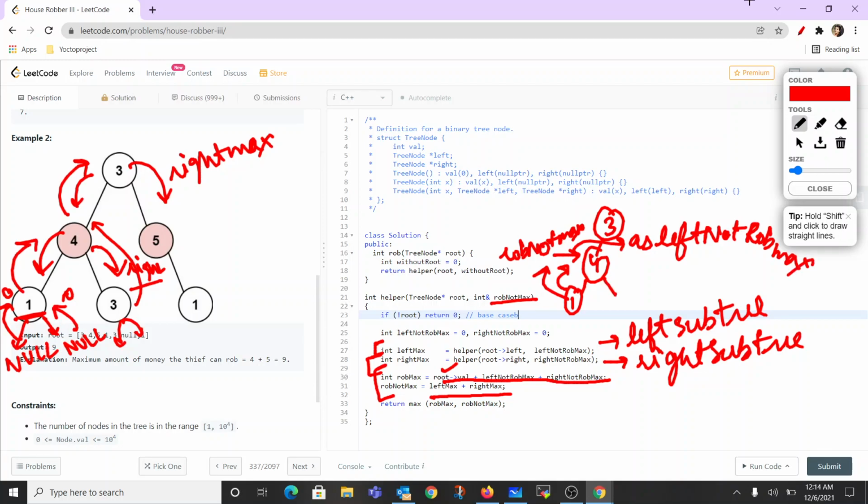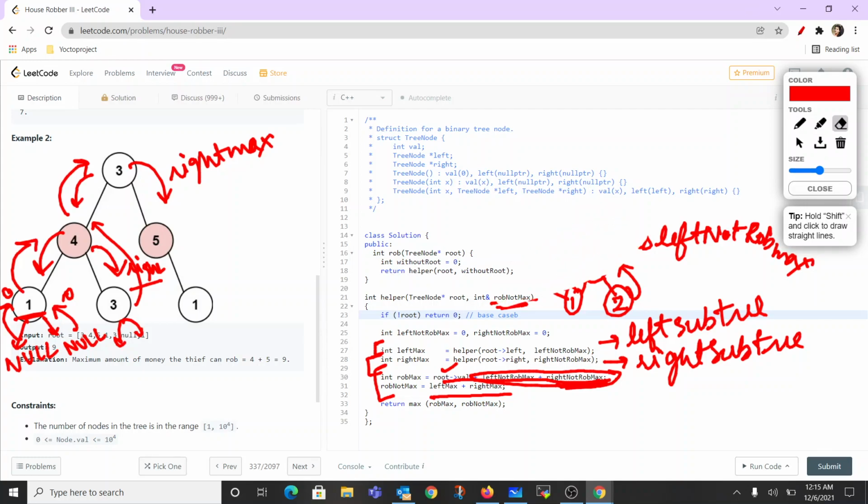And whatsoever value any child would have, say 2, here the value of this particular rob not max will be returned as right not rob max to 4. So this is how the values could be returned to a particular node, so that the present value could be included, and these values are the values of grandchildren, right? It will be simply like this.